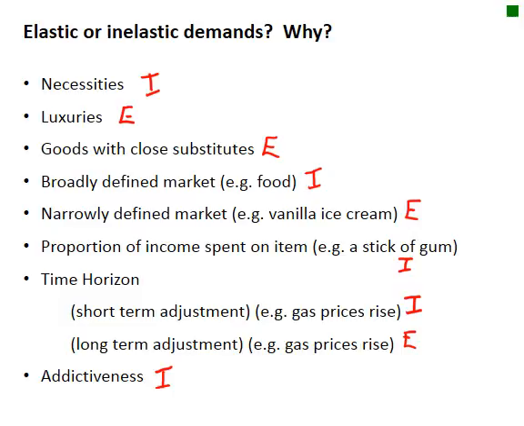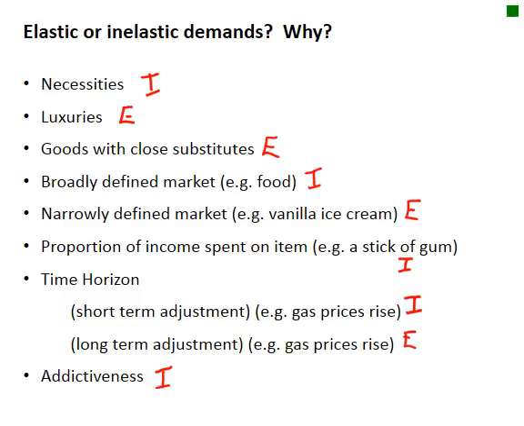Time horizons. If we think of gas prices rising, do you have time in the short term to switch to a more fuel-efficient car, to maybe move closer to work, to start carpooling and so on? Chances are no. So it tends to be inelastic in the short run because you don't have time to change your lifestyle patterns. But in the long run, yes, you might get rid of the big car, move to a smaller one or a hybrid car, move closer to work and so on.